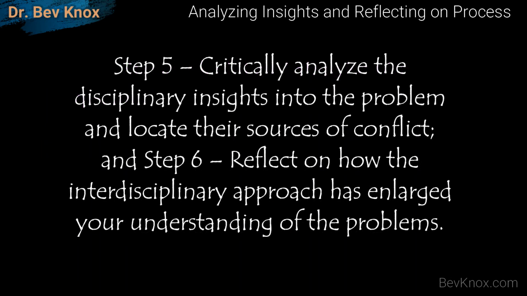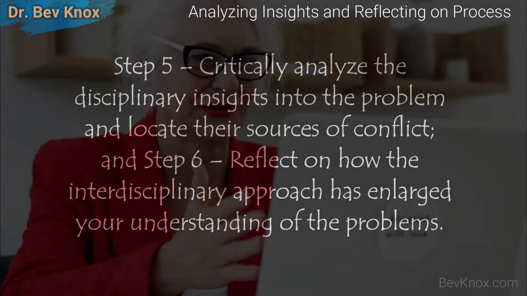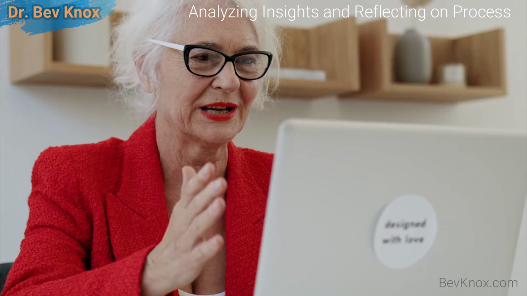Step number 5, critically analyze the disciplinary insights into the problem and locate their sources of conflict. And step number 6, reflect on how the interdisciplinary approach has enlarged your understanding of the problem. Today we're covering steps 5 and 6.